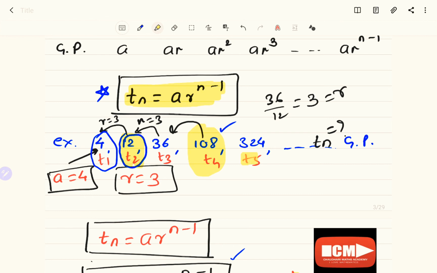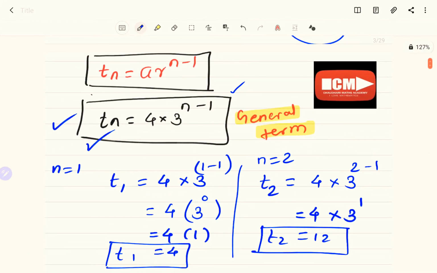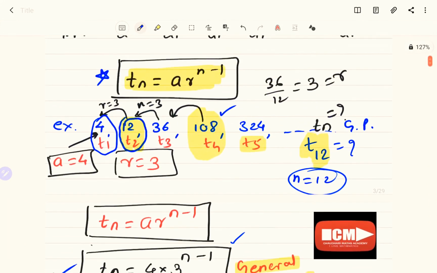If you want the fifth term, just substitute n equal to 5, and whatever terms are not given, you can also find out using this formula for Tn. Let's say I want the 12th term of that sequence, which is not given in this example. In this example, only up to the fifth term is given. If you want the 12th term of that sequence, it's quite simple. Just substitute n equal to 12 in this formula, and you will get the 12th term of that sequence.